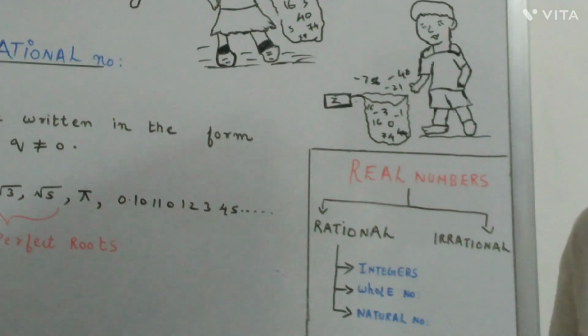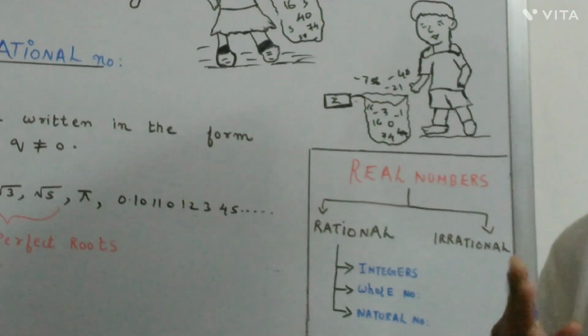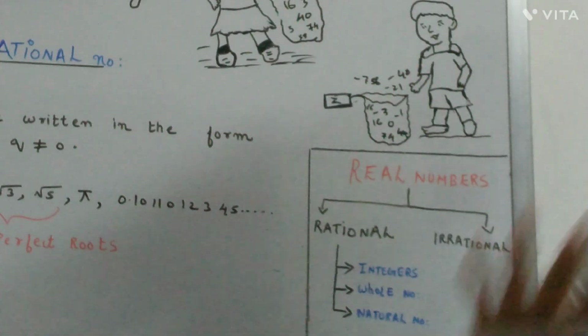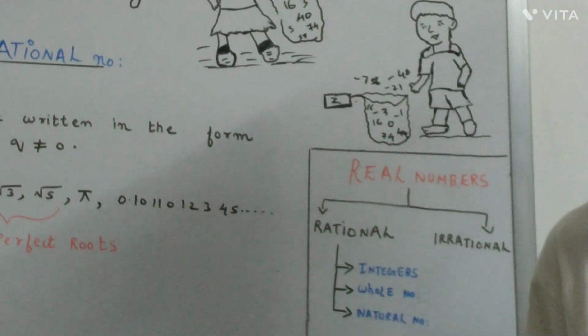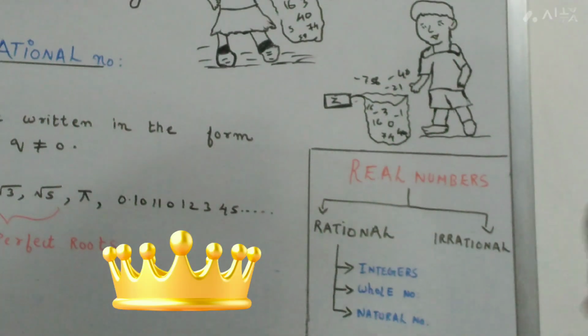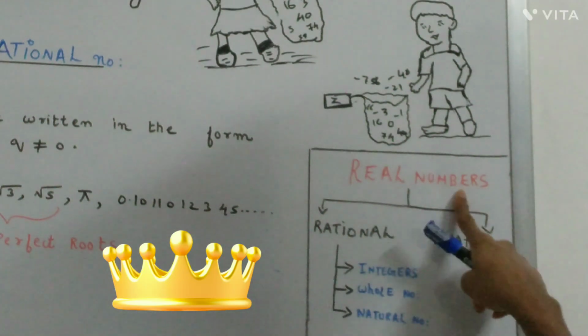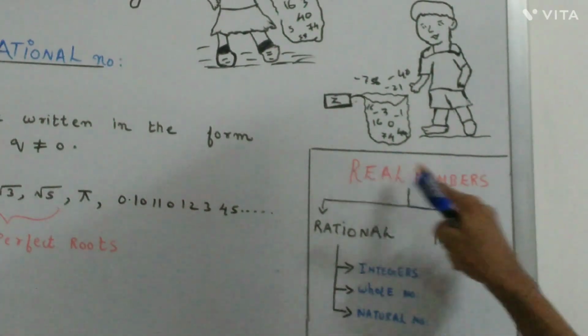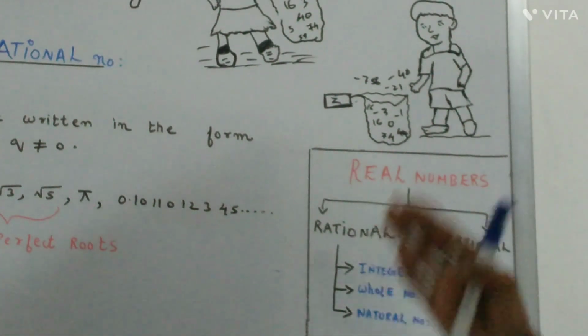Now, is there a big class, a king, that we can call of all these numbers? Yes, we can call the king of numbers the real numbers. Under the real numbers, the entire set of numbers that we have learned belongs. So the real numbers are like the king.